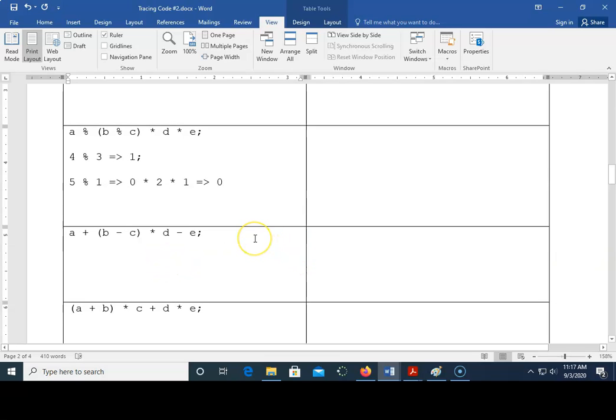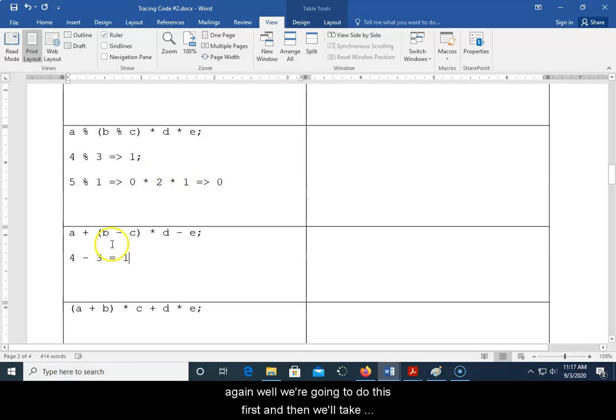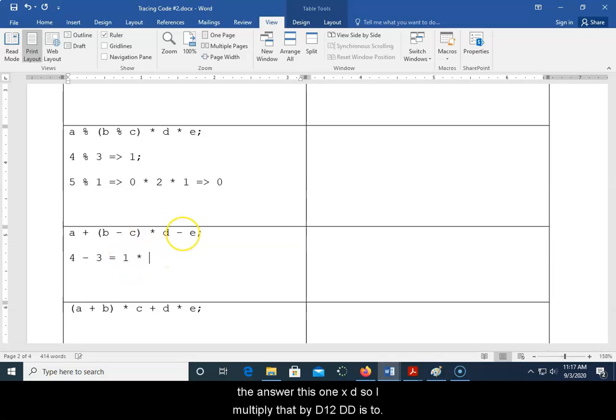Next up, we got b is 4, 4 minus 3, that gives us 1. So if we start setting this up again, well, we're going to do this first, and then we'll take the answer to this, 1, times d. So I multiply that by d. What's d? d is 2. That gives me 2. Okay.